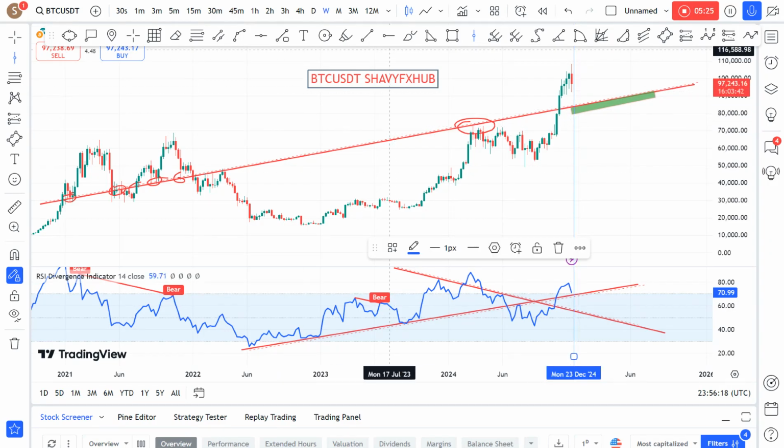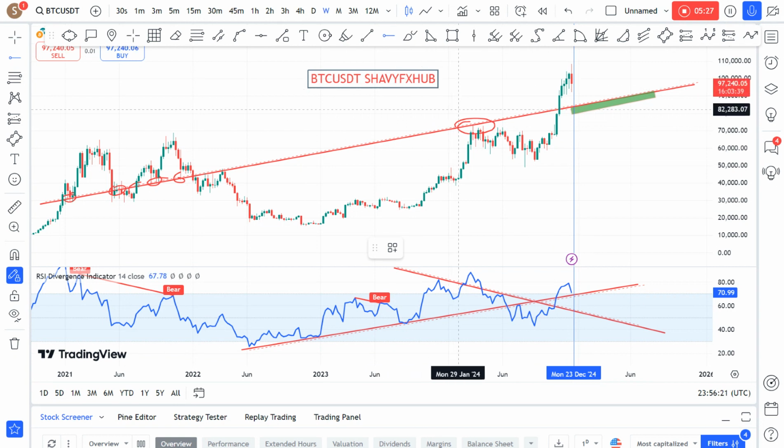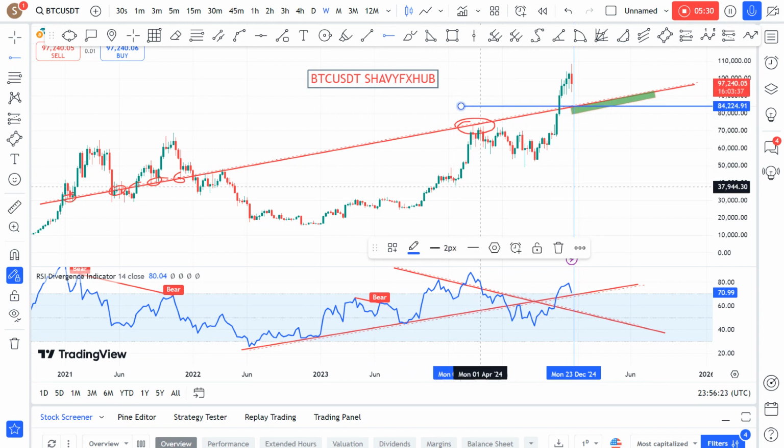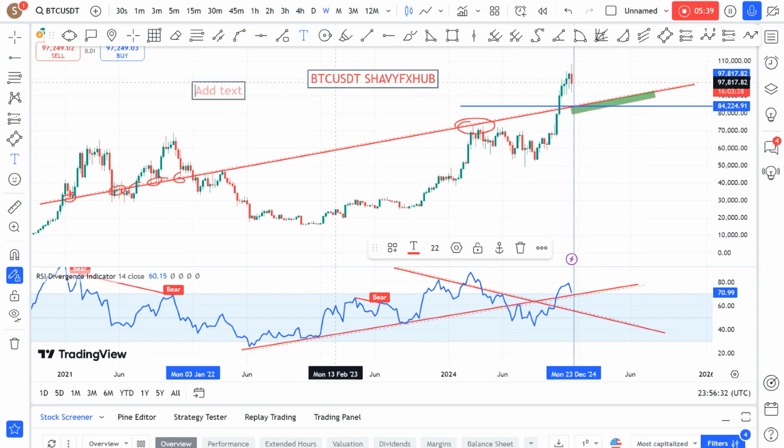So where we look at the potential buy opportunity across an ascending trend line becomes a double confluence at 84,224.91 for a potential buy opportunity based on the Shavi FSO strategy.